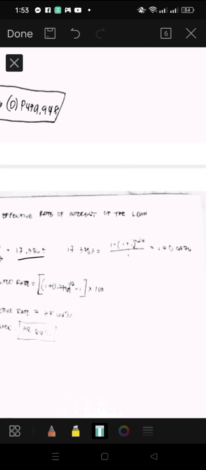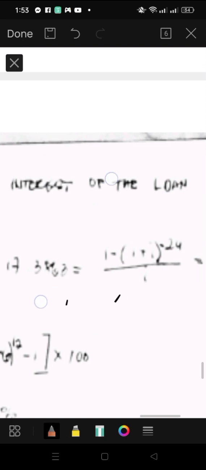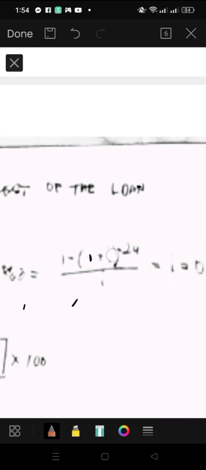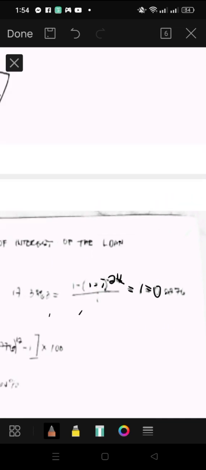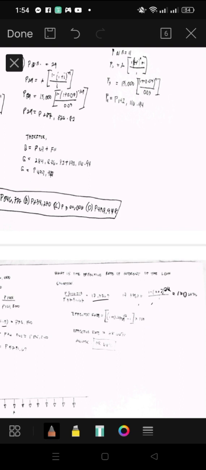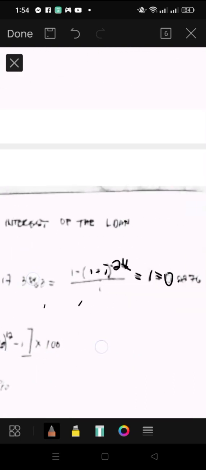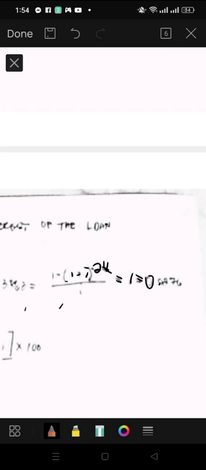So the effective rate is quantity of (1 plus 0.0276) raised to the power of 12, minus 1, times 100. So the effective rate answer is 38.64%. That is the effective rate of interest of the loan.